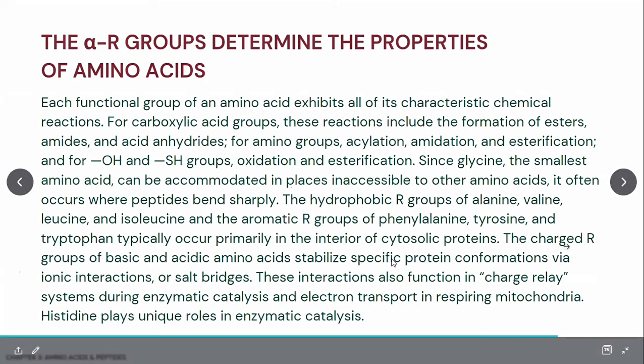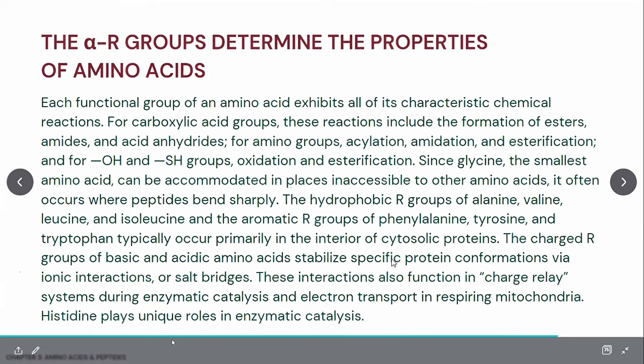Okay, the charged R groups, like the basic and acidic, stabilize specific protein formation via ionic interactions, or what we call salt bridges. These interactions also function in the charge relay.